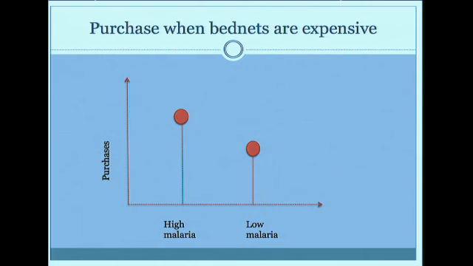And suppose that God told us how many people would buy Bednets, or the fraction of people who would buy Bednets, in the high malaria region and the low malaria region if the Bednets are not subsidized. And this dot is higher because since malaria is more of a problem, people are more willing to buy Bednets, okay? So that's what we would have if Bednets were expensive.